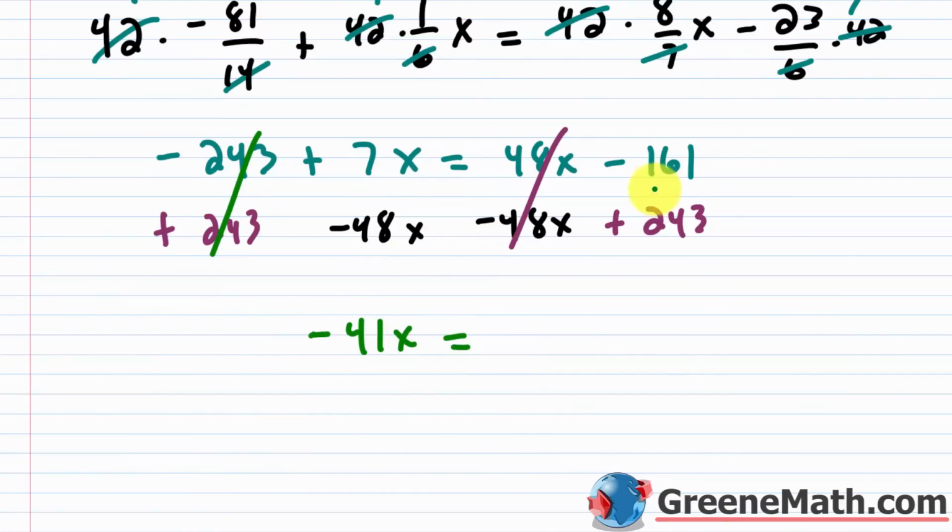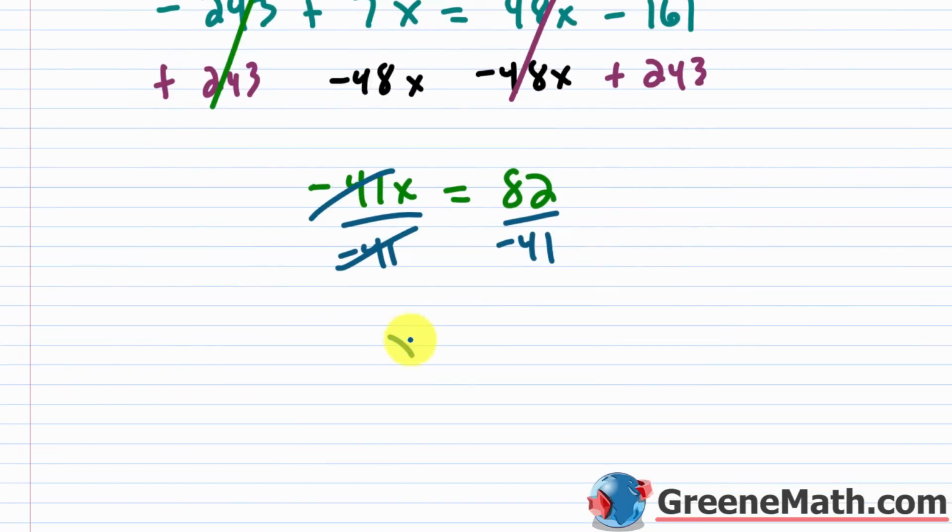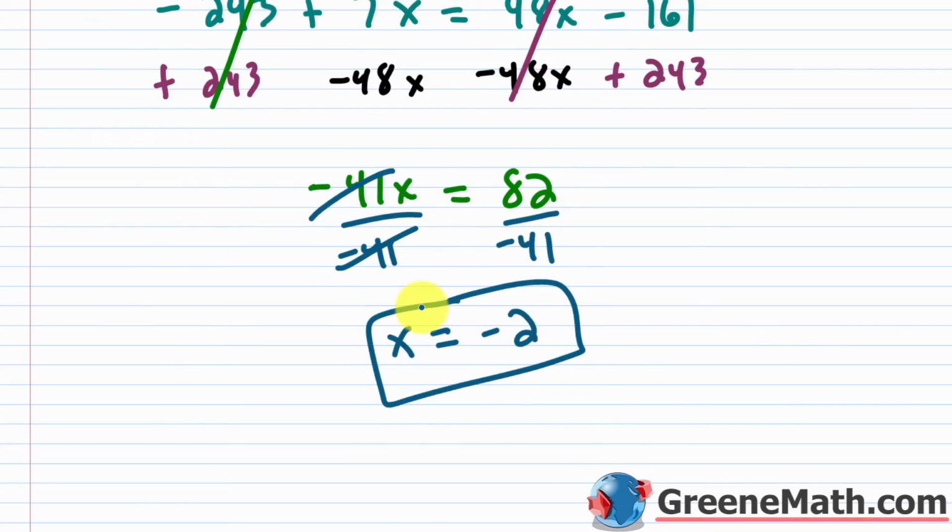This is equal to, what is negative 161 plus 243? Well, that's going to give me 82. Okay, as a final step, remember, I want to get x by itself. So let's divide both sides by negative 41, that coefficient of x. And essentially, this cancels. You get x is equal to 82 divided by negative 41, which is negative 2. So this is my solution, x equals negative 2.